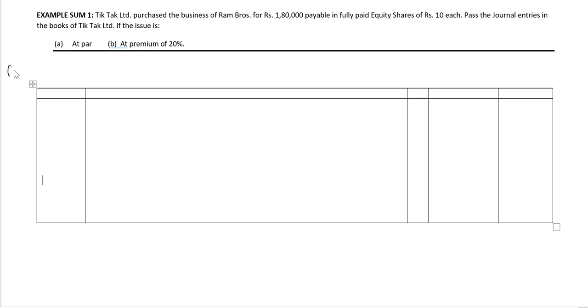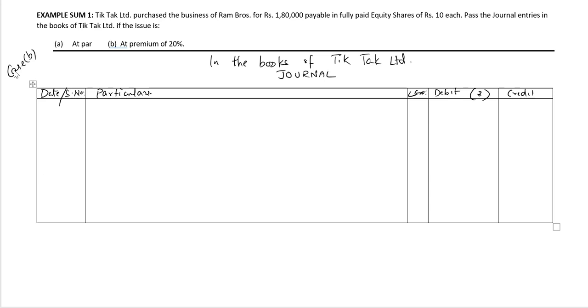Case B, in the books of Tic Tac Limited, journal. We have date, serial number, particulars, LF number, debit rupees, and credit rupees.